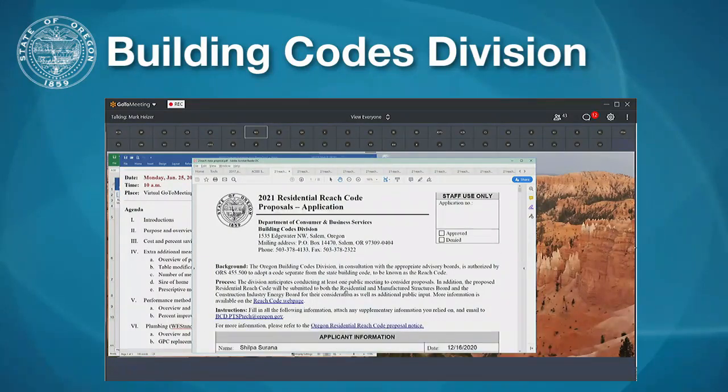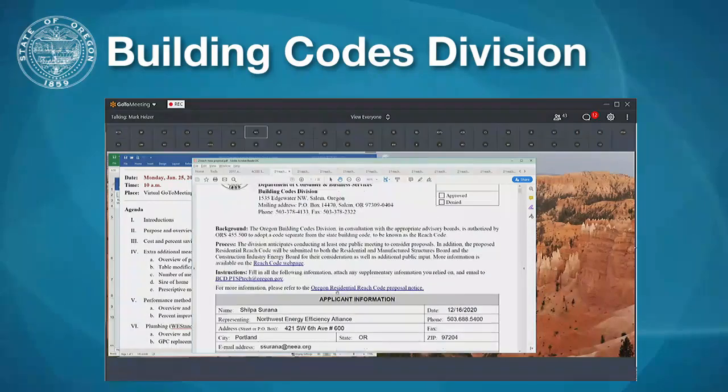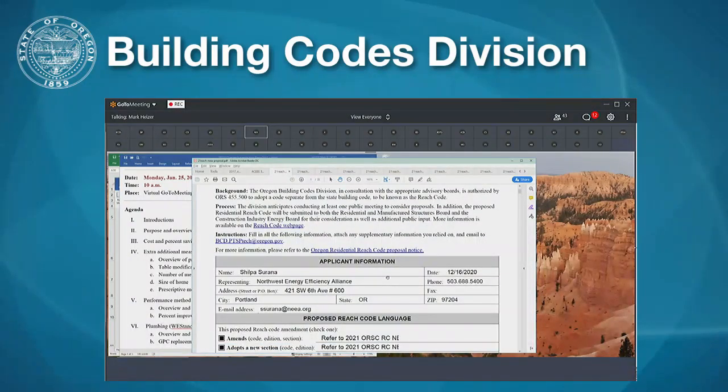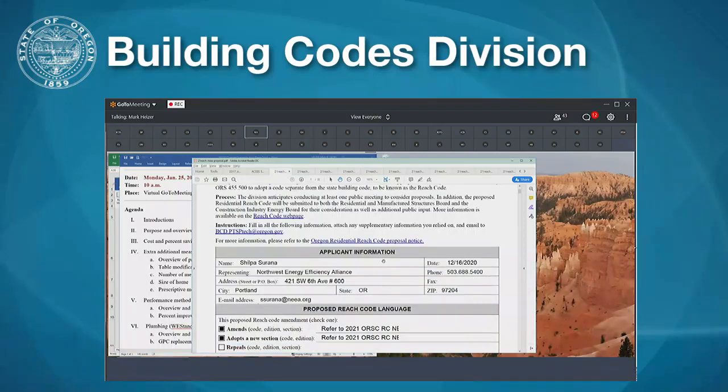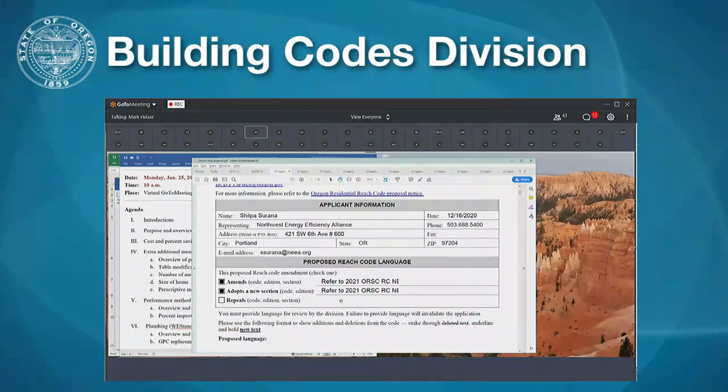The first: there were 4 proposals from the Northwest Energy Efficiency Alliance, the Zero Coalition, the Responsible Energy Codes Alliance, and Northwest Natural Gas, that overall looked at increasing the number of additional measures. We're going to go through those 4 proposals first and look at some of the common pieces. If the proponents wish to take comments from others, that's what we're here to do today.